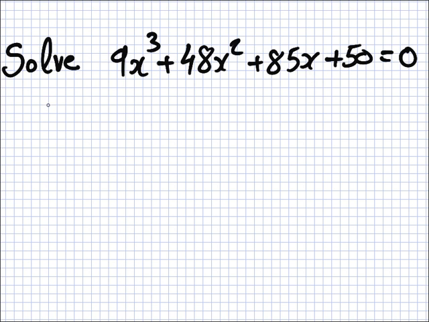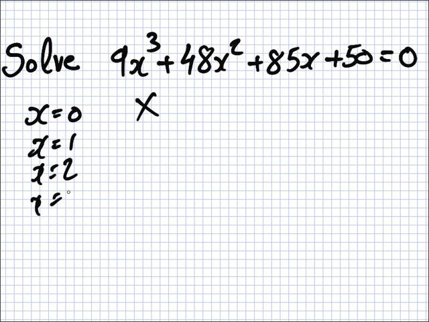Okay? Now, we can start with trying 0. But there's no point in trying that. I can see that if I put x as 0, I won't get it. So this one won't work. Now, I won't bother trying x as 1, 2, or 3. I know they won't work. Can anyone tell me why these obviously won't work?